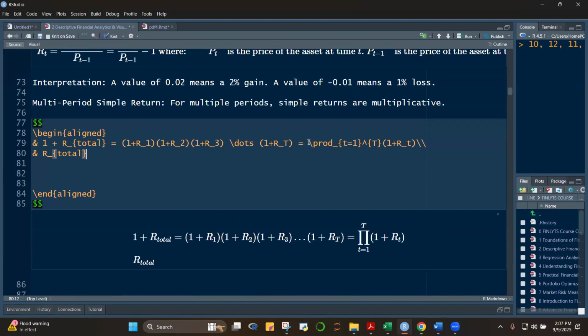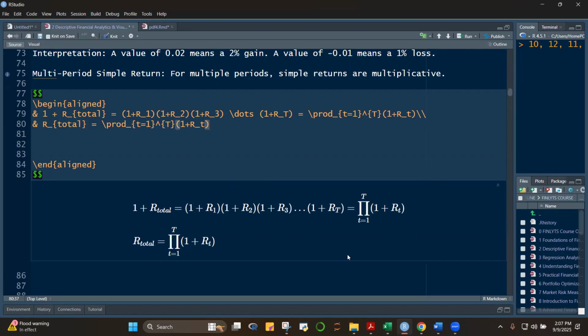I'm going to copy this product, this one, class. Control C. So it's equal to, there, the product, and then minus 1. There you go.